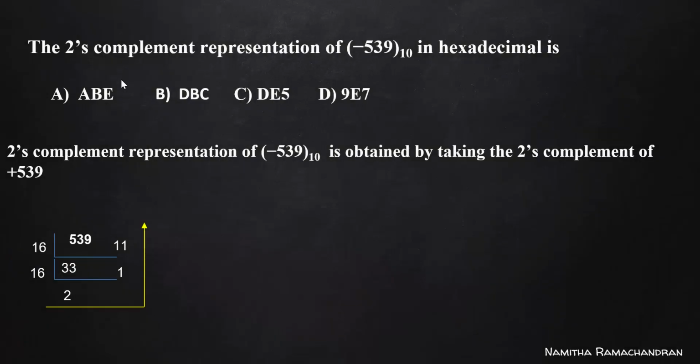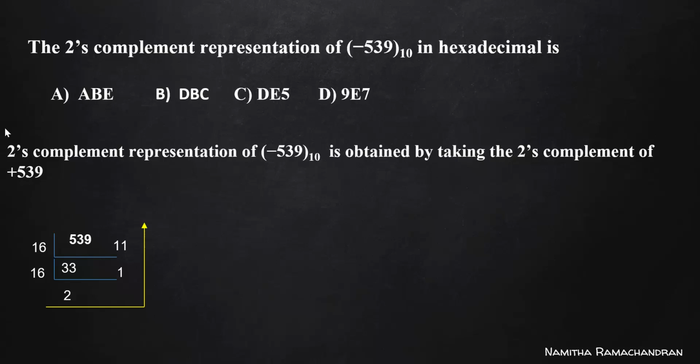Okay, next question. The 2's complement representation of minus 539 in hexadecimal. 539 is given in decimal form. We need to get the 2's complement representation of it, and the options are in its hexadecimal form.